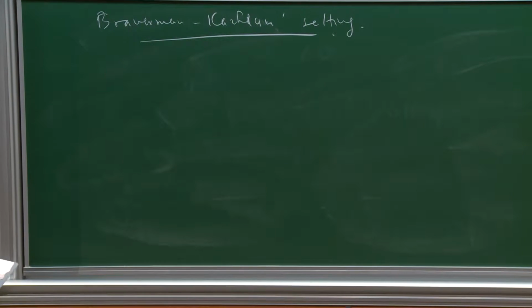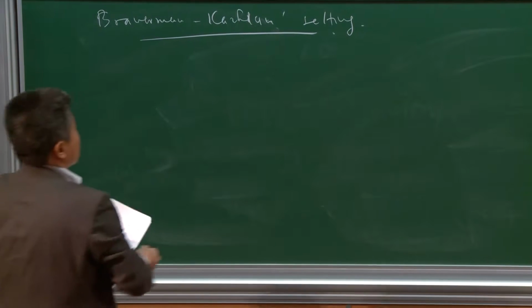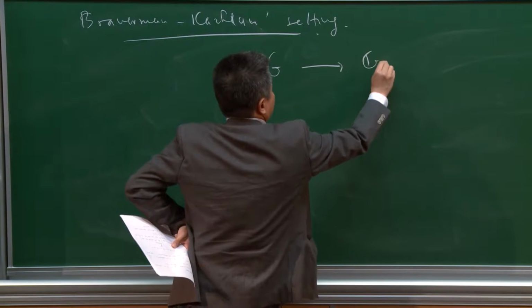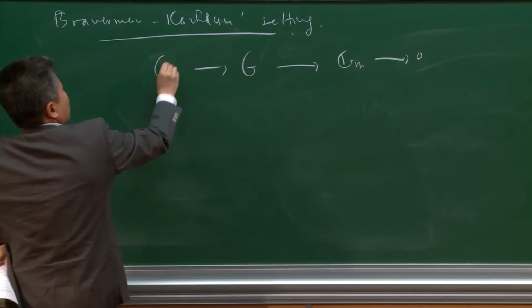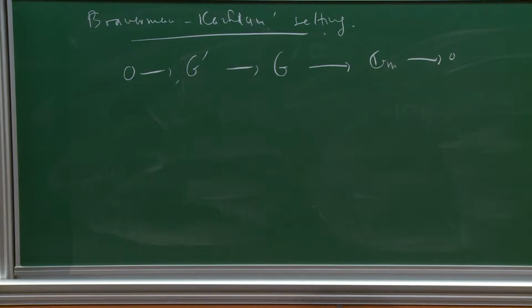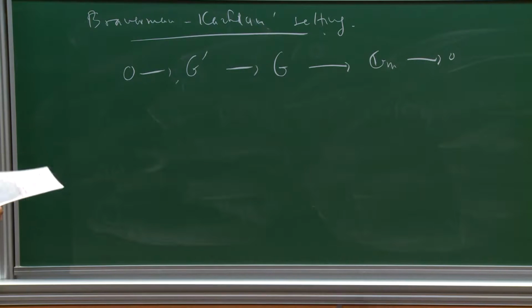We are going to put ourselves in the situation as follows. G will be an extension of Gm by, let's say, a semi-simple group. This is not important, but just assume this is semi-simple, so that it looks like GL_n.